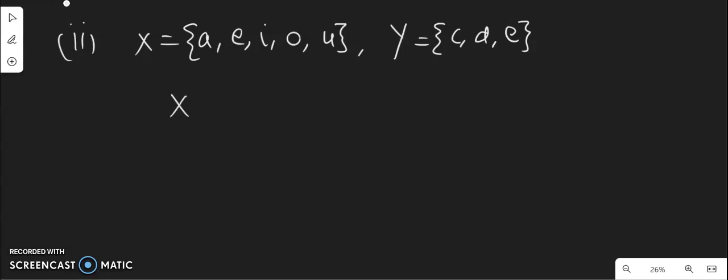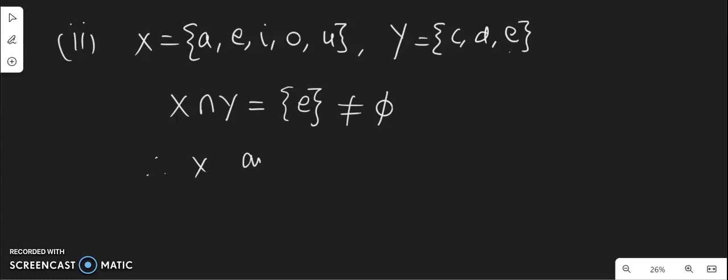Again, I have to check what is X intersection Y. Is it null or not? A, okay, it's nowhere. E, yes, it exists here. So E is an intersection element here, and it is not equal to phi.